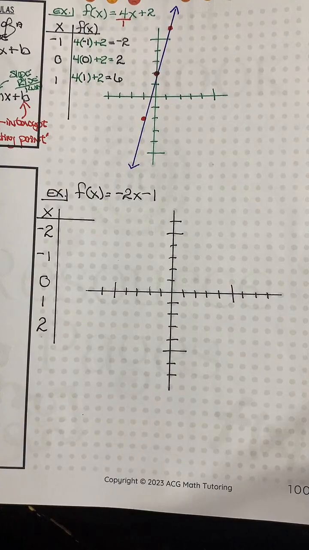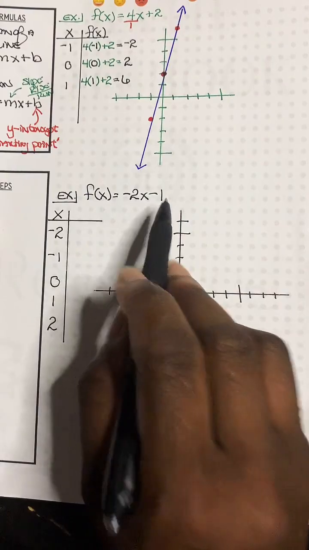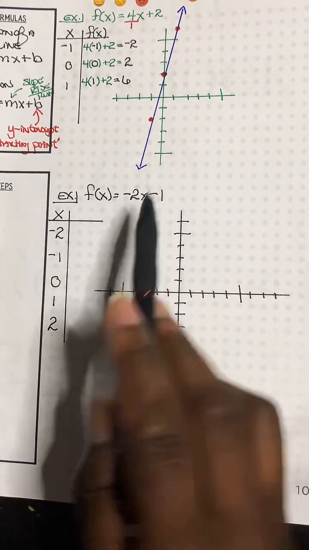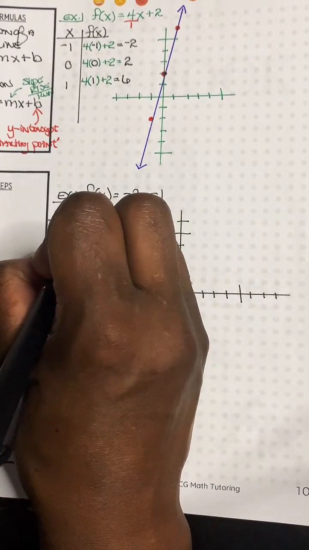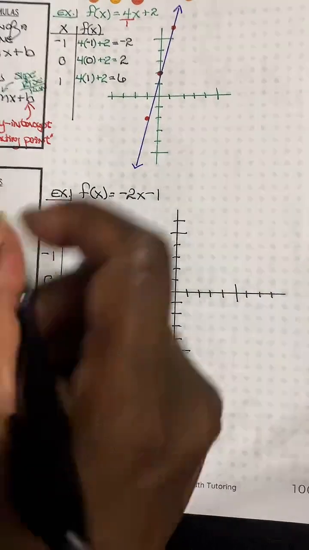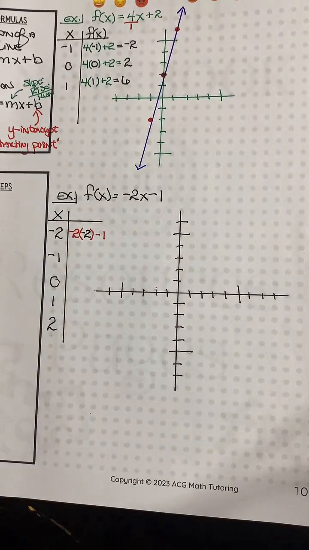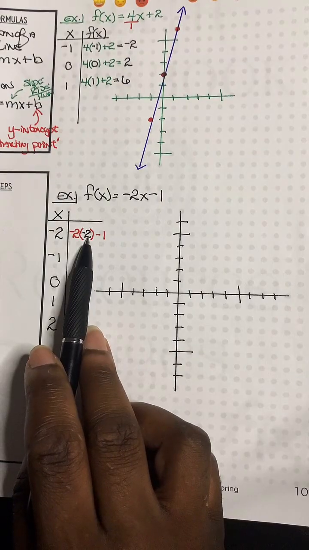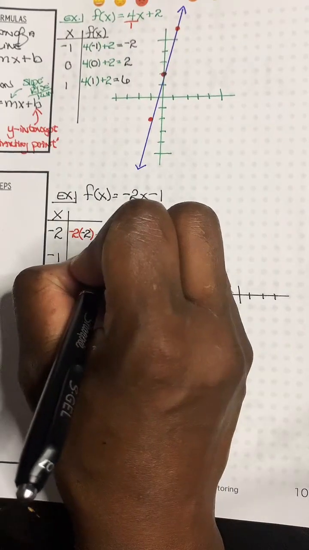All we're doing is taking this original expression and substituting the -2, or my x values, in for the x. So I get -2 times -2 minus 1. -2 times -2 gives me a positive 4, and 4 minus 1 gives me 3.